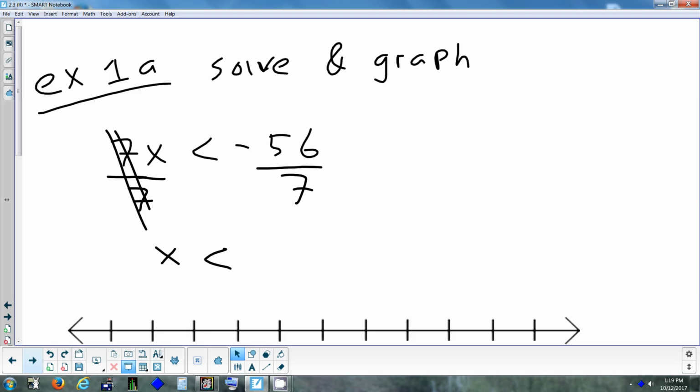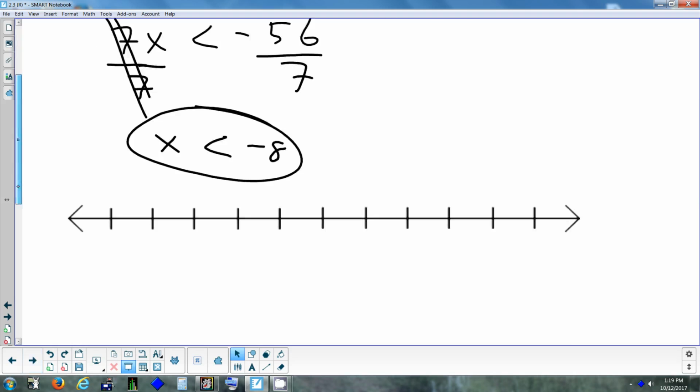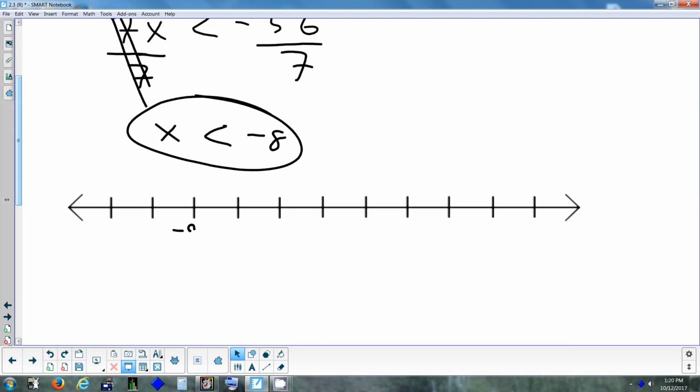Okay, so now on the left-hand side, all I'm left with is x, and what's negative 56 divided by 7? If we need a calculator, we could get it. Negative 8. Okay, so x is less than negative 8. All right, now what do we have to do? Graph it. Last thing, graph it. So number line, I'll set it up. -9, -8, -7.